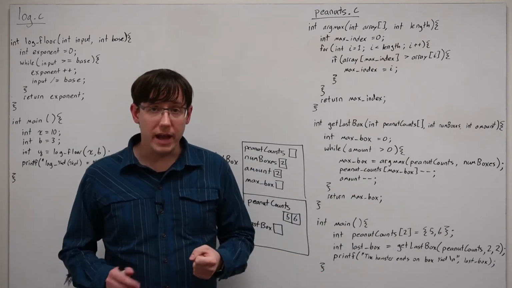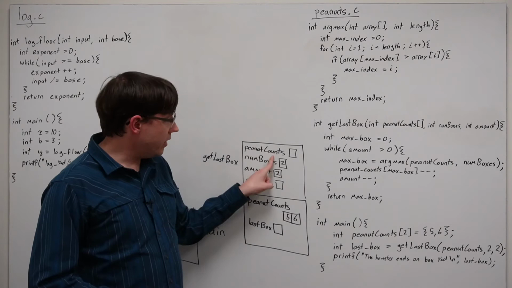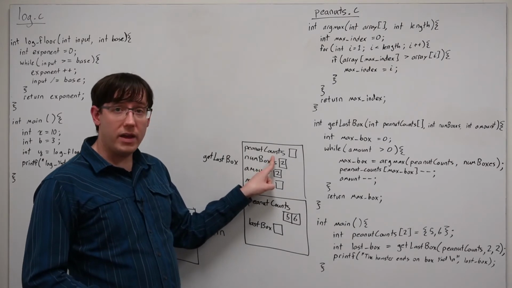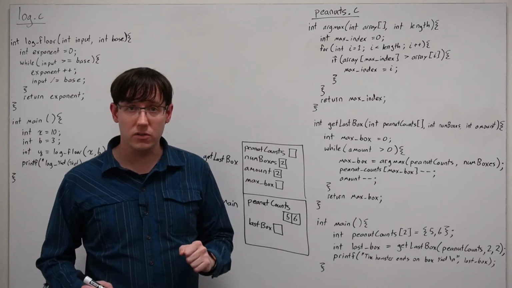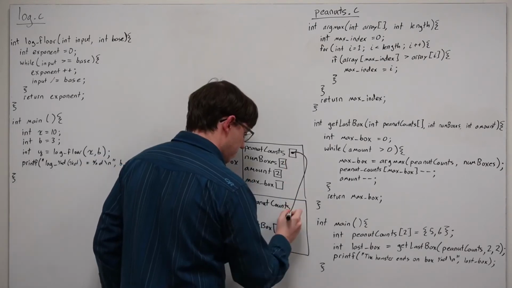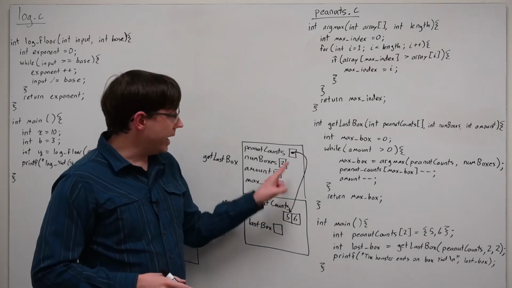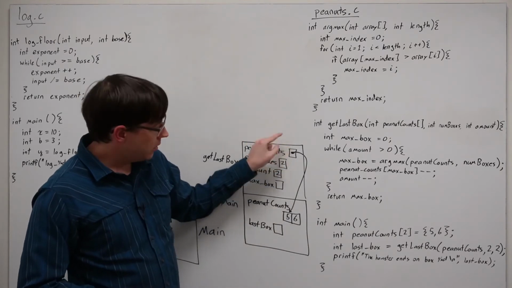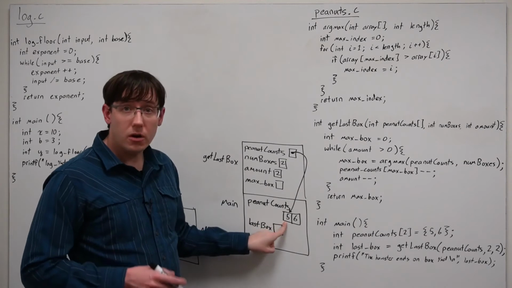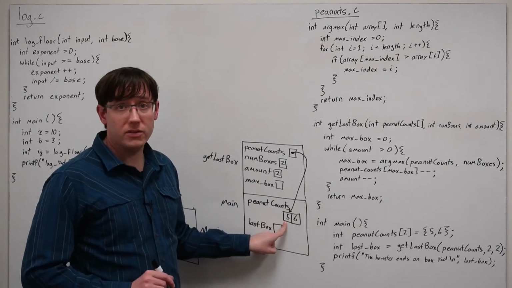What happens instead is that in the function, we have a pointer back to the array that already exists. We draw that by an arrow from the variable here to the start of the array that was passed in.